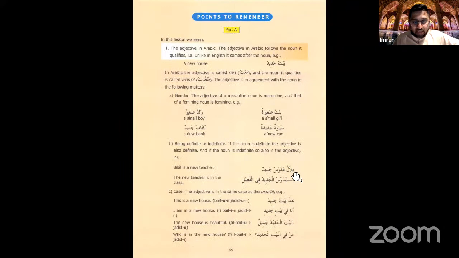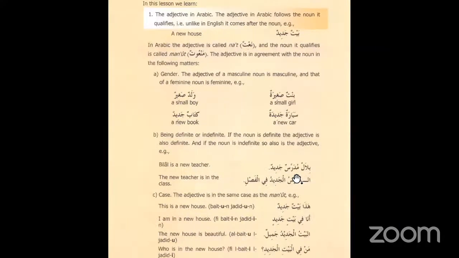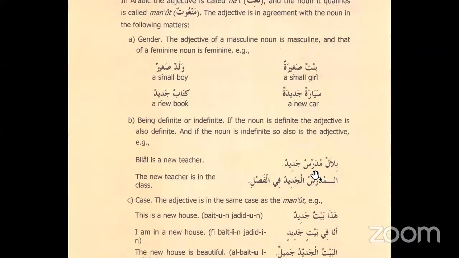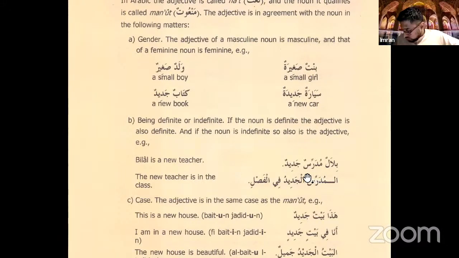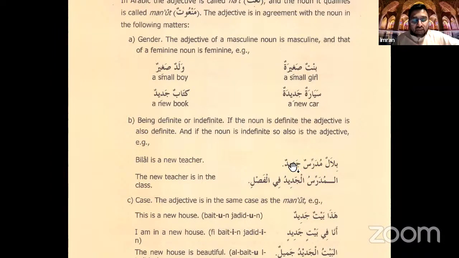So look at this example. Bilalun. Read the Arabic. Bilalun mudarrisun jadidun. So Bilal is a teacher. If we didn't have the word jadid, Bilal is a teacher. What type of teacher?